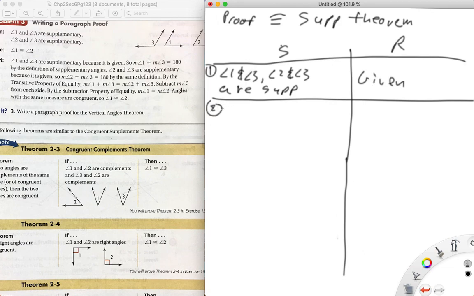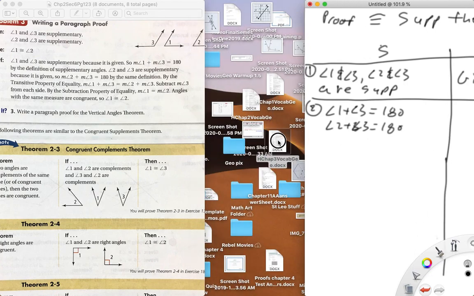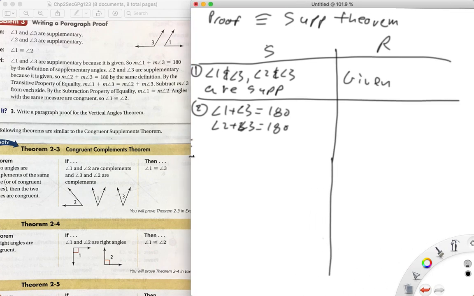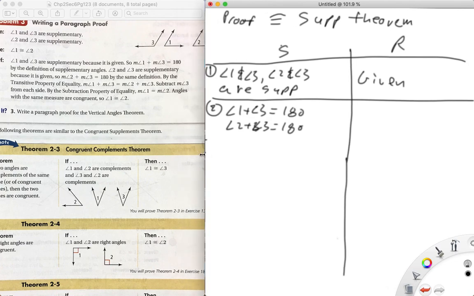Number 2, if they're supplementary, then 1 plus 3 equals 180, and 2 plus 3 equals 180. Oh man. Hate when that happens. Don't you just hate when your screen doesn't cooperate with you?